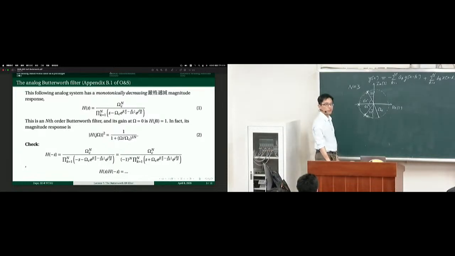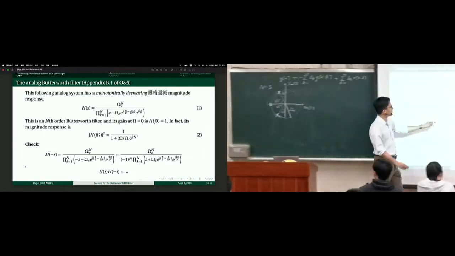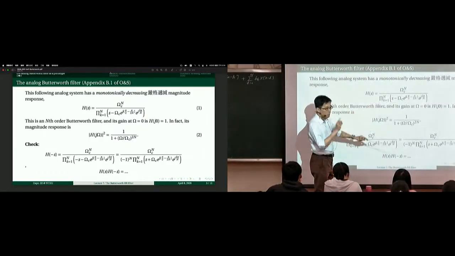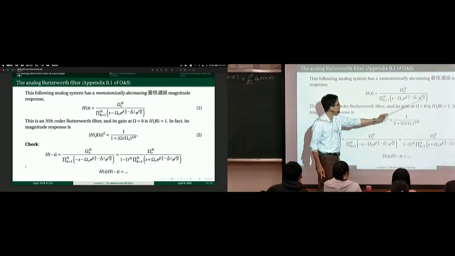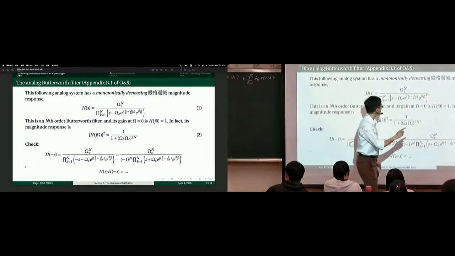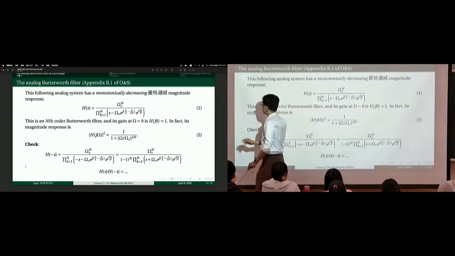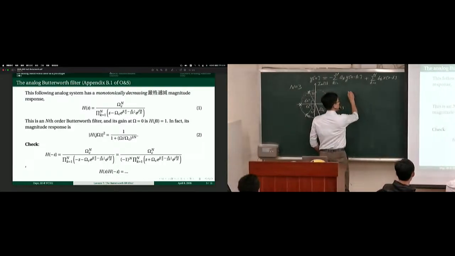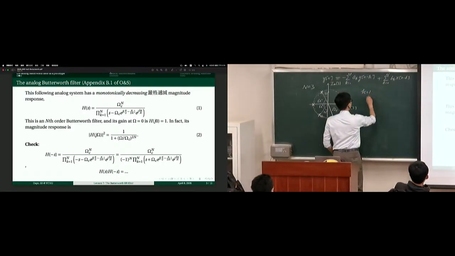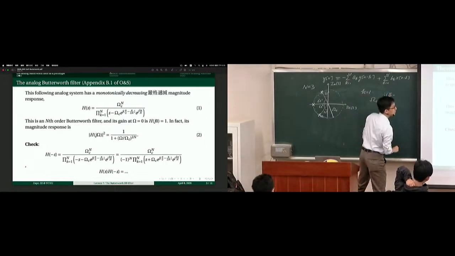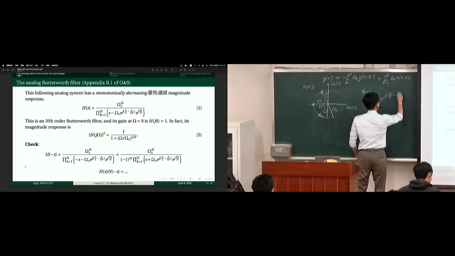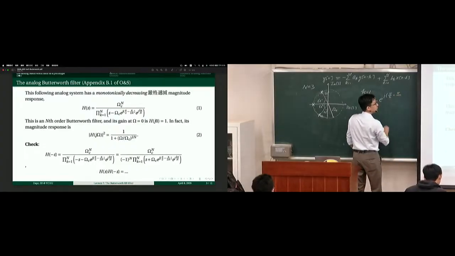It's pretty straightforward. Just be careful. Let's put in numbers. When k is 1, n is 3, let's double check. The first one, when k is 1, we have omega c being the radius, e to the j, pi divided by 2 minus pi divided by 2n, 2n being 6.